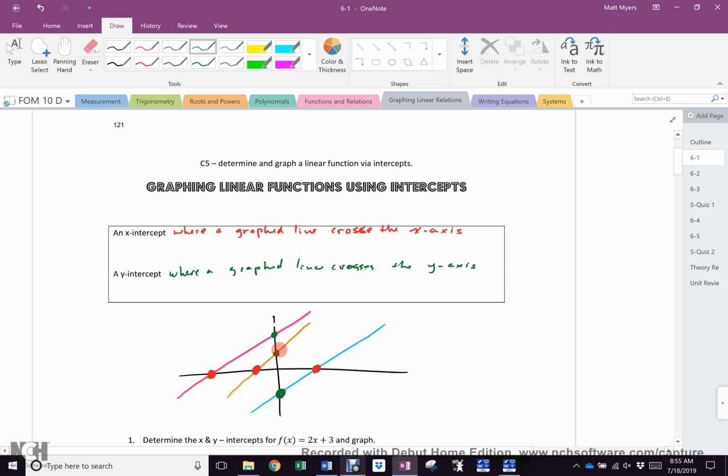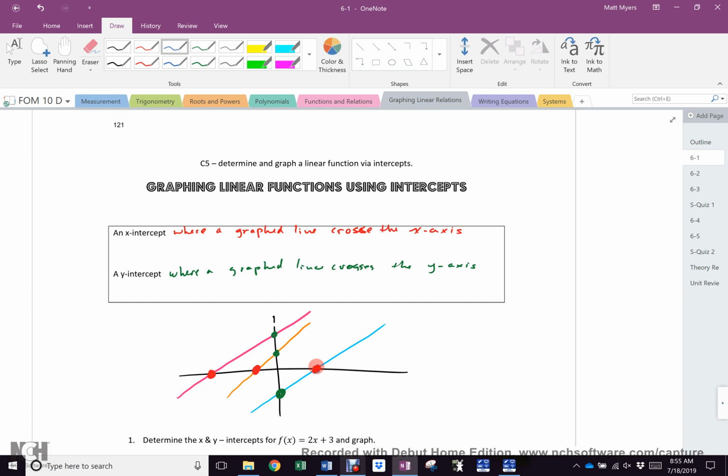Now, you have 3 x-intercepts and 3 y-intercepts right now, correct? What are the coordinates of that red dot? Can you tell me the coordinates? No, you cannot. Can you tell me half of the coordinates of that red dot?